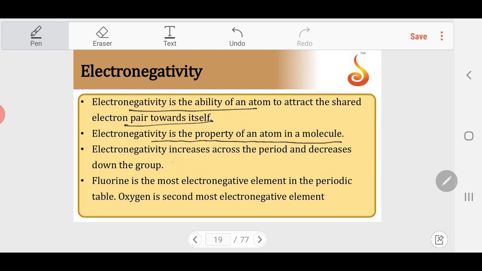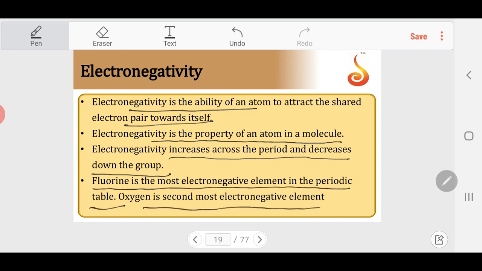Electronegativity generally increases across a period and decreases down the group, because that also depends upon the size of the atom. Fluorine is the most electronegative element in the periodic table, and oxygen is the second most electronegative element. So these two are the highly electronegative elements, in the case of halogens and oxygen.